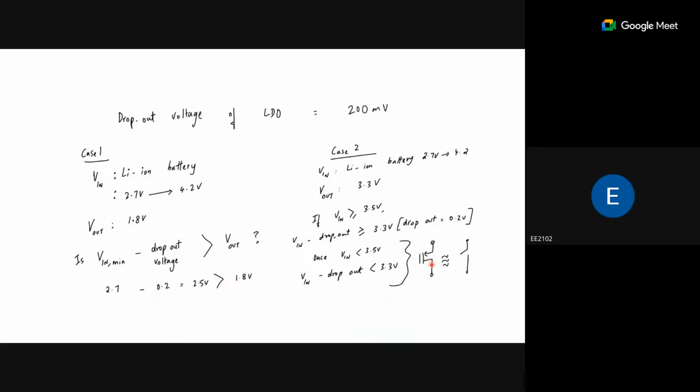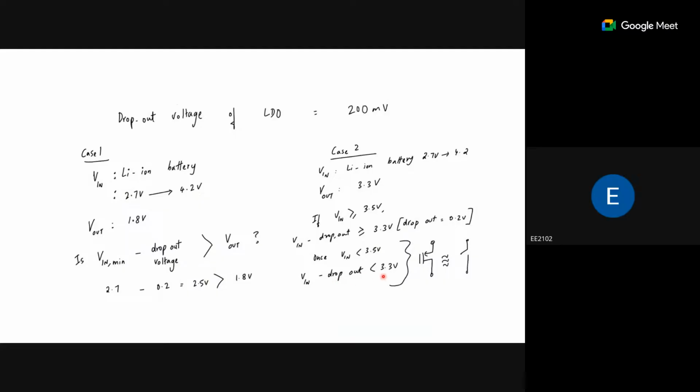Whenever you opt for the switch, for example, if your required output is 3.3 volt with the same input voltage, then substituting the dropout voltage, V input is 2.7 and if you add 0.2 volt, you are not getting the 3.3 volt you require. The input voltage should be greater than or equal to 3.5 volt, and only then will you get the 3.3 volt.